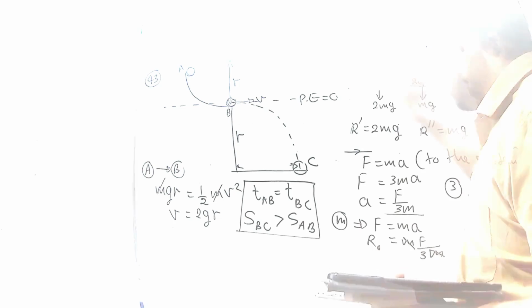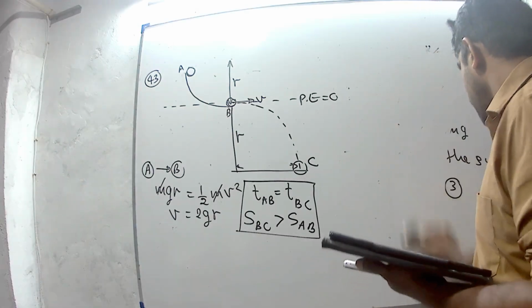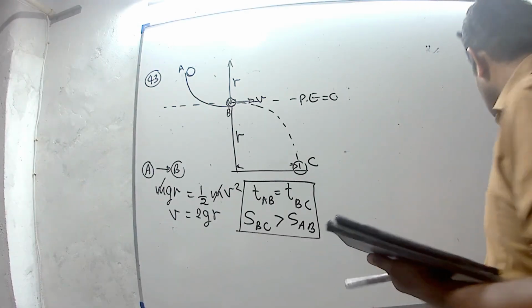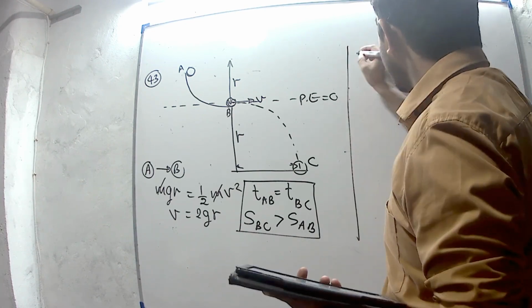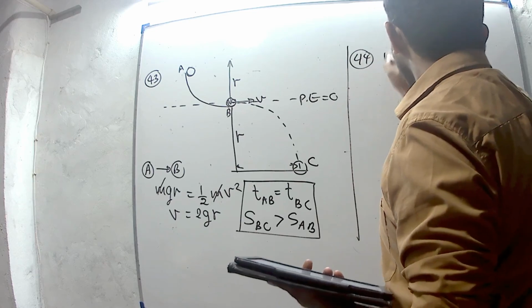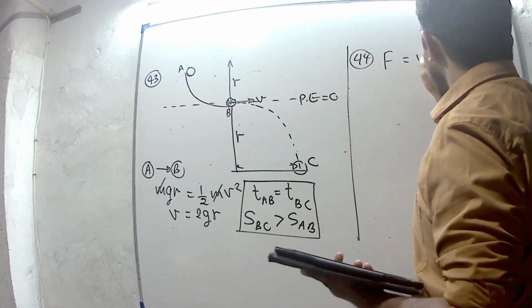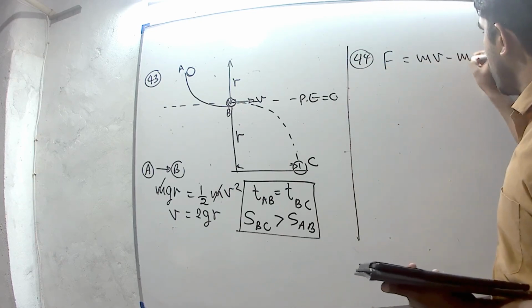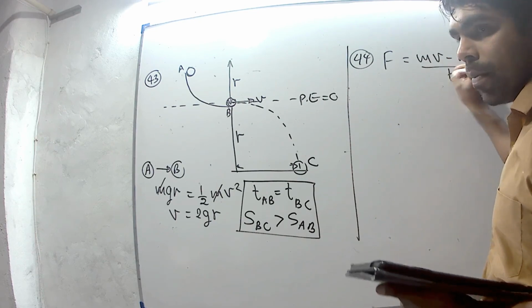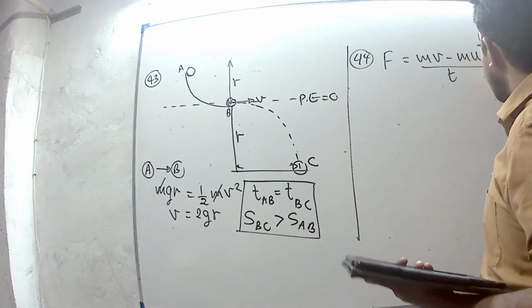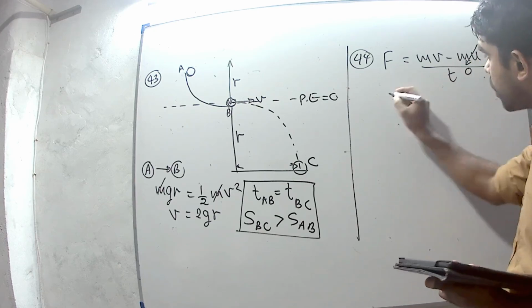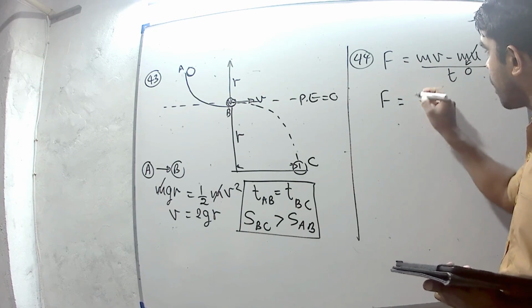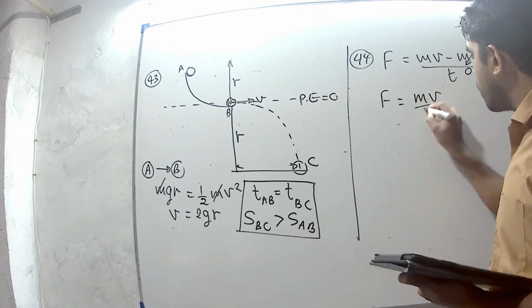We can use force as the rate of change of linear momentum. Force equals mv minus mu divided by time. But the initial velocity is 0, therefore the mu term is 0. F equals mv divided by time.